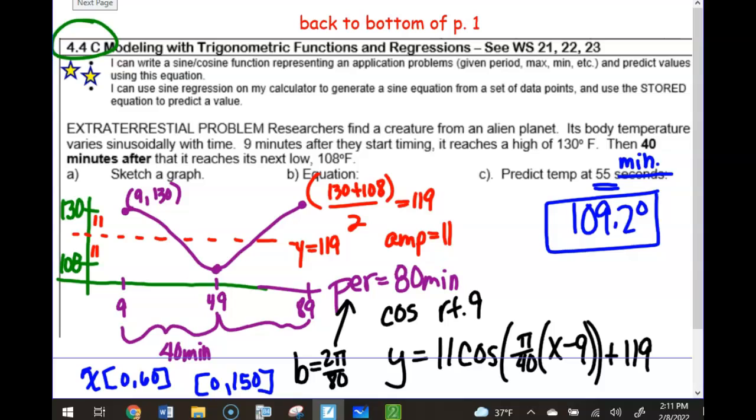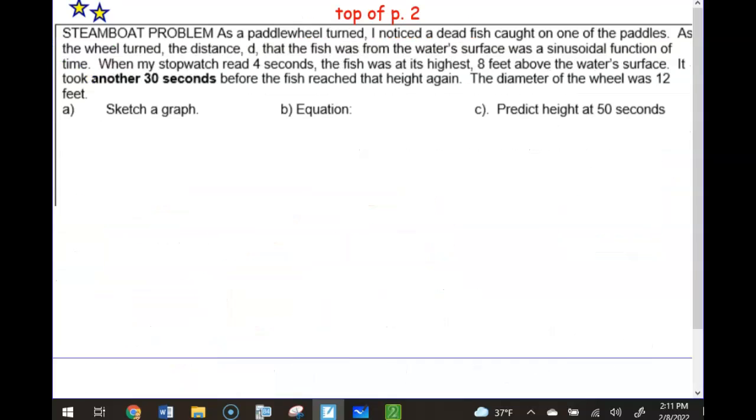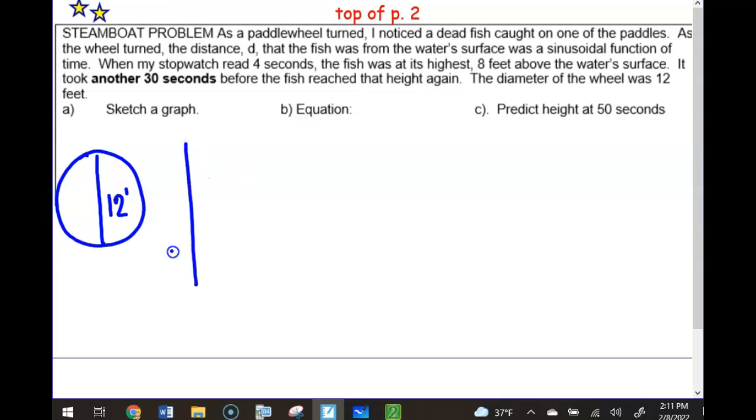Okay. I don't know how much time I have left, but I'm talking about the last one quickly. A dead fish question. Awesome. It says there's some paddle wheel. This paddle wheel has a diameter of 12 feet. Okay, I start my watch, and after 4 seconds, it's at its highest, 8 feet out of the water, my dead fish.